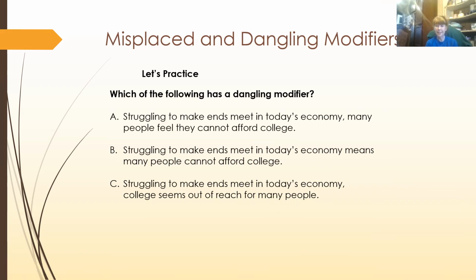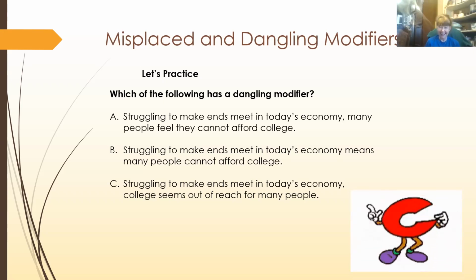Okay, so it's C. A is okay because struggling to make ends meet describes many people. B is okay because struggling to make ends meet is acting as a noun. And then the last one, the college isn't struggling, it's the people that are struggling. Good job.